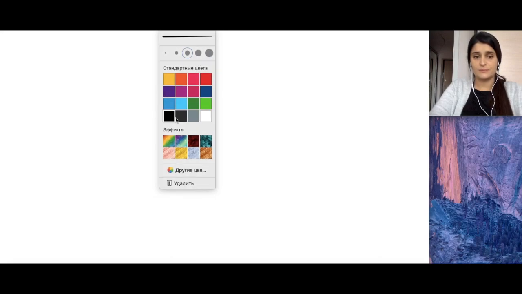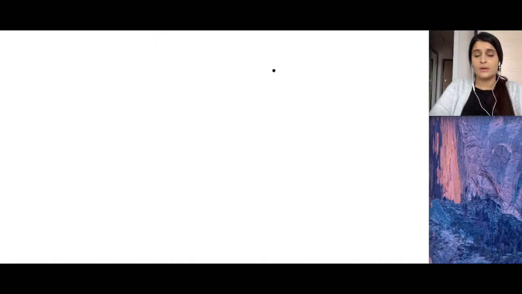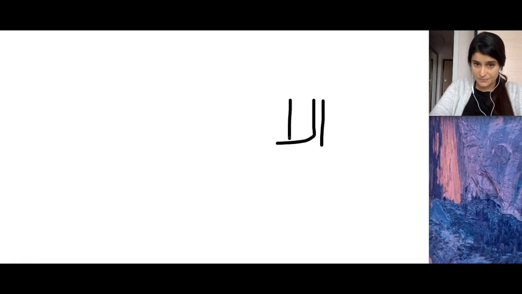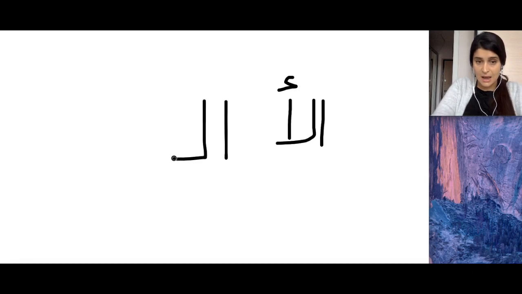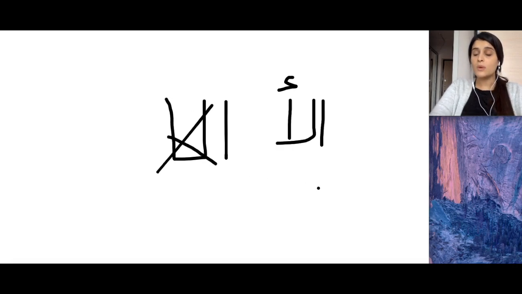Okay, here we go. This is a, l. This is the article al, it means the. And when we write alif above it, we can write it like that, al-a. As you can see, letter lam is a bit longer and letter alif sits on it. We can't write al-a like that, it is wrong. Or we can write letter lam and alif like that.